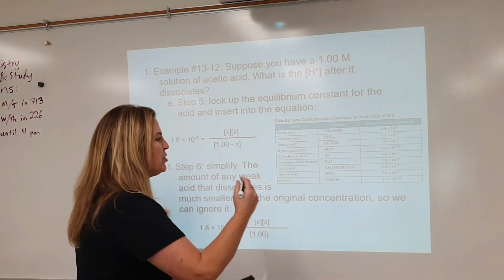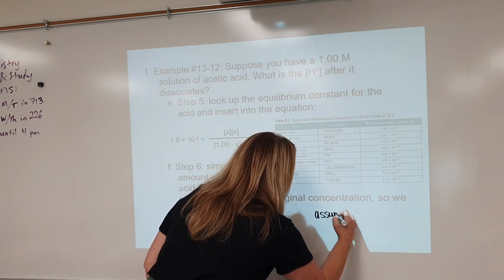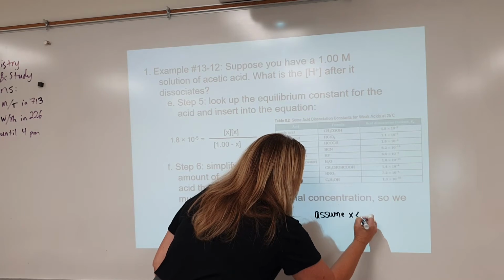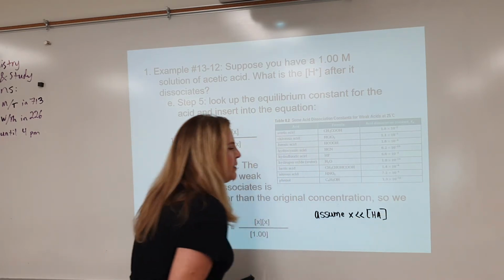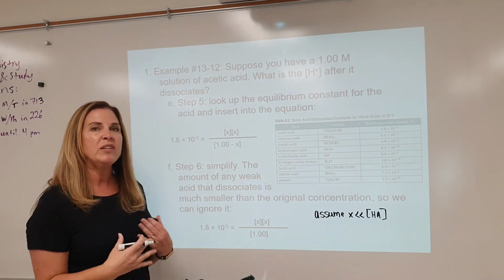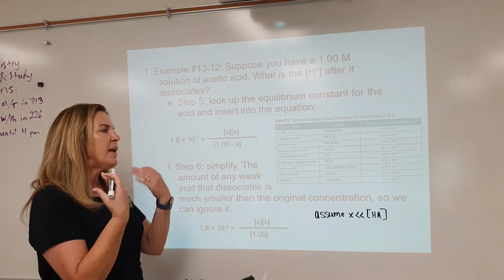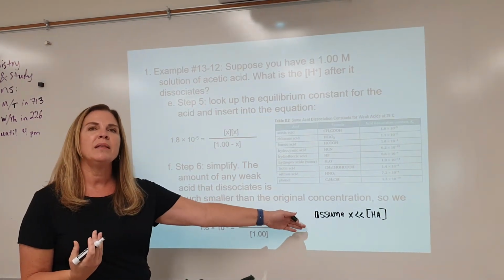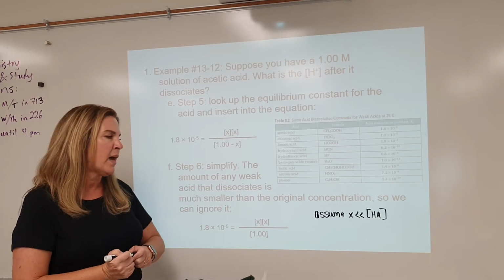But be careful. We want to make an assumption. I would say you have to put off to the side, assume that X is much, much smaller than the concentration of our acid, right? Because in math, we don't just drop variables, right? That's illegal. But if we can justify it by saying, listen, this guy's so small, it's not really going to matter, we want to do that.